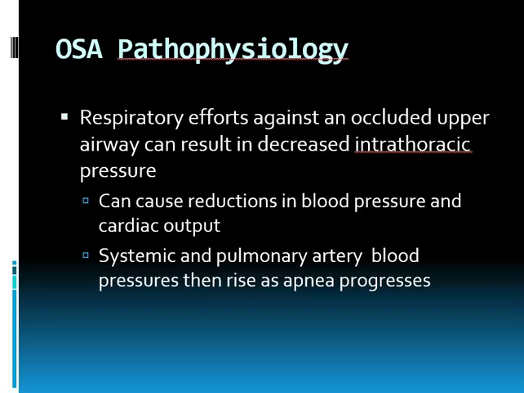And then at the end of the event, you have this resumption of breathing and this autonomic activation with an arousal, and you see all these numbers jump back up again. You have blood pressure rising, you have the heart rate jumping up, and it's this constant and continual fluctuation of these parameters happening throughout the course of the night.